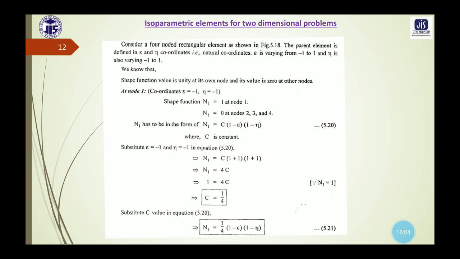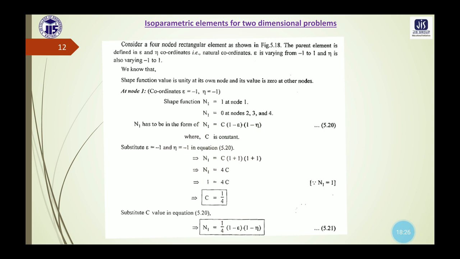Now if we substitute the value of epsilon and eta as -1 in this equation 5.20, then we get the value of N1 equal to 4C.